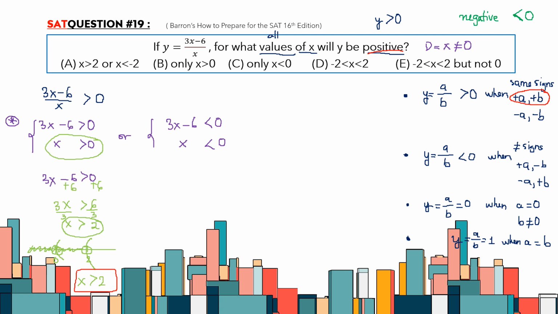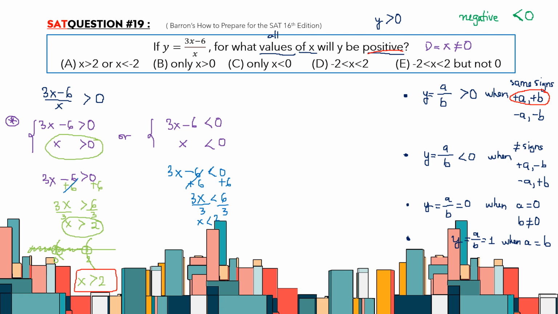We continue to solve: 3x minus 6 less than 0. We add 6 to both sides, so we have 3x less than 6. We divide both sides by 3, so x is less than 2.